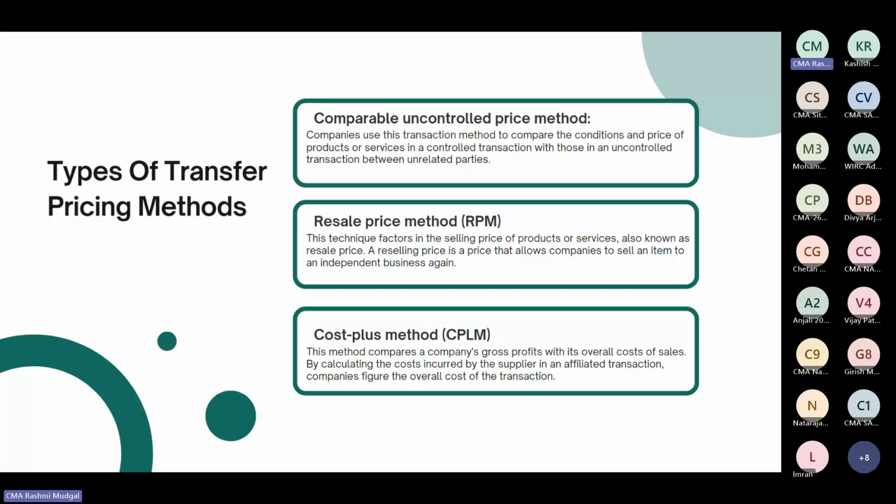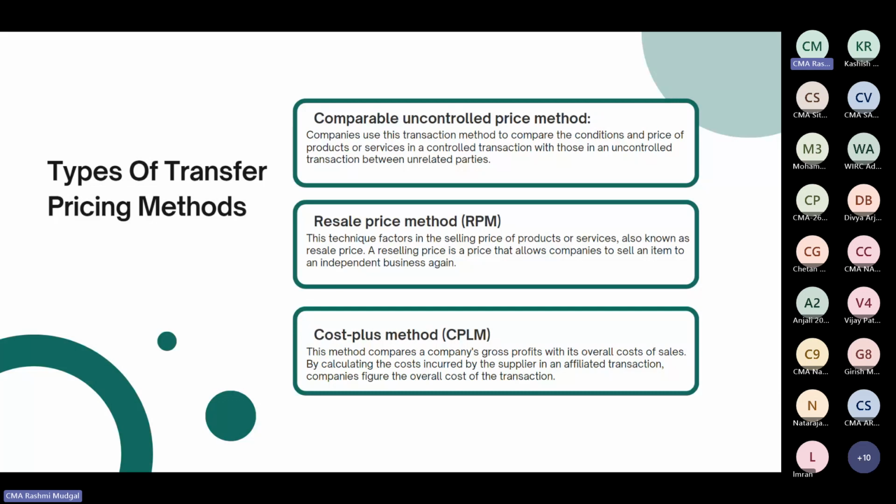If I am selling to an unrelated party at 10 rupees per unit, and I am selling the same quantity to a related party at 9 rupees, then I have to think about the transfer pricing method I am using. It is wrong, because to the non-related party I'm selling at 10 rupees, so I have to take 10 rupees because it is the comparable uncontrolled price.